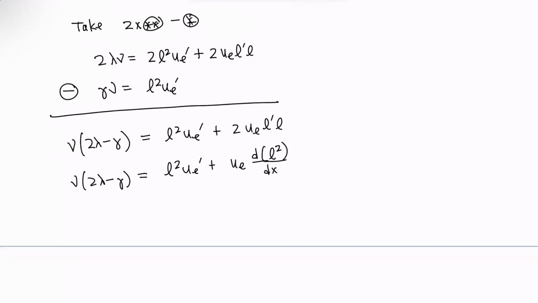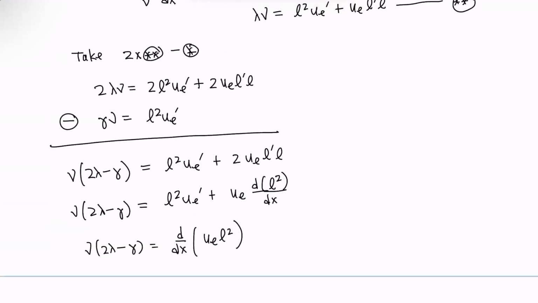And then we can notice that the right-hand side as written can be rewritten as a product rule, like doing the product rule in reverse again. So we have nu times 2 lambda minus gamma is equal to d dx of UE L squared. Okay. So I can separate variables and integrate this.